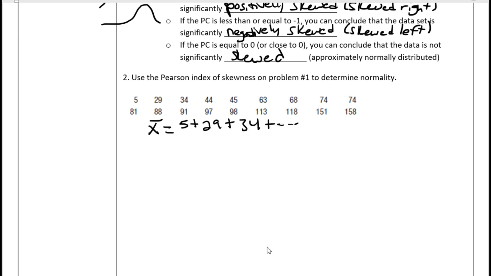So I'm going to do that, and then I'm going to divide by how many numbers. I have 18 numbers in total. When I do that, I should get 79.5, but let me double check.